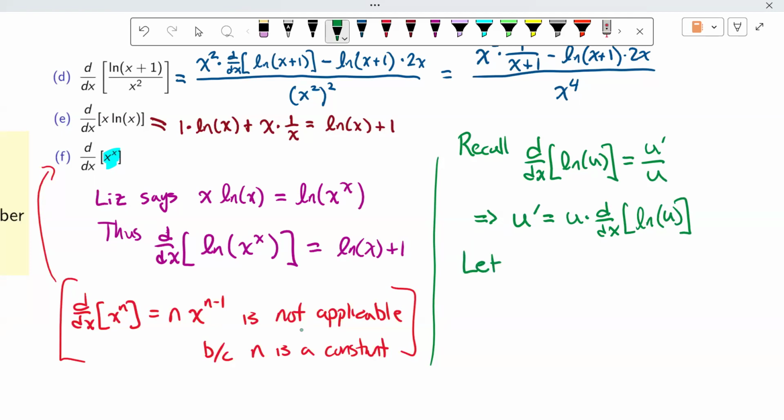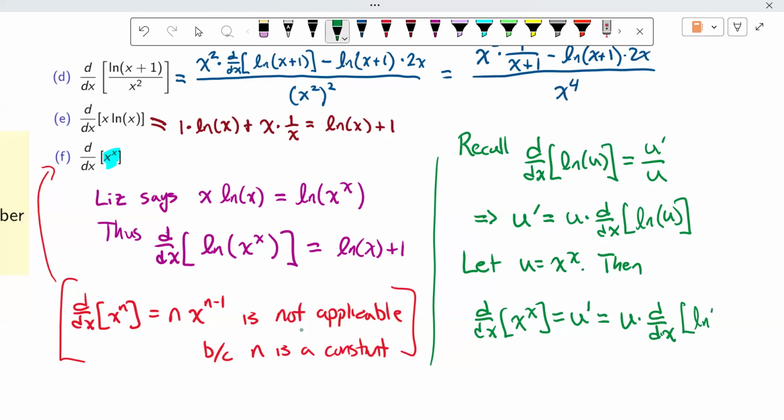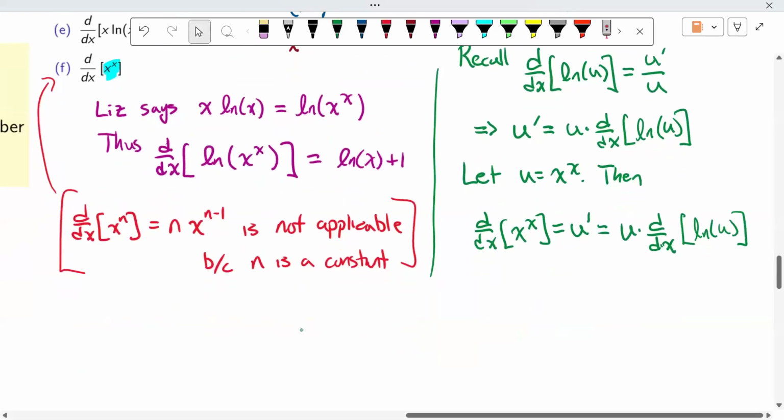And so here's the idea. Let u be x to the x. Then when we take the derivative of x to the x, we're basically computing u prime. And that's going to be u times the derivative of natural log of u, which in our case, what is this really?